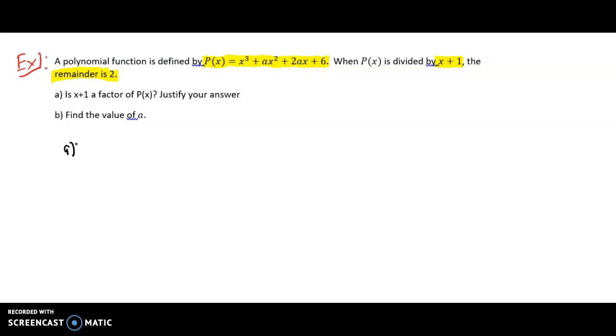Well, it's only a factor when the remainder is 0. Because if the remainder is 0, it means it divided in perfectly, nothing left over, so it would be a factor. Anything but 0, it is not a factor. Let's write that out. When the remainder equals 0, it is a factor, it being the factor that you're trying to divide by.